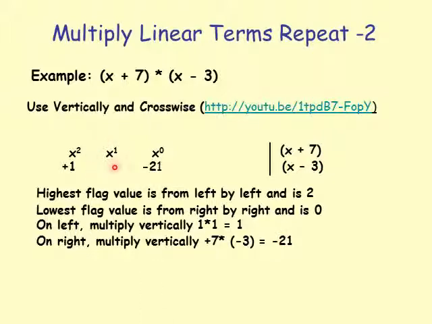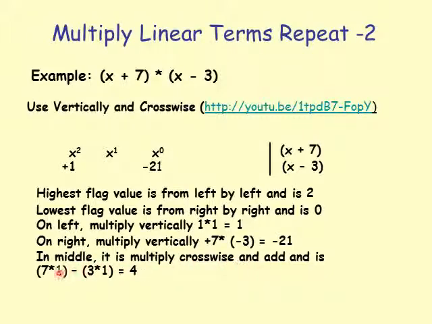Now for the middle term, I apply crosswise and add. This is crosswise like this and crosswise like this. So 1 times minus 3 is minus 3, plus 7 times 1 is 7. So minus 3 plus 7 is plus 4. My middle term is plus 4.